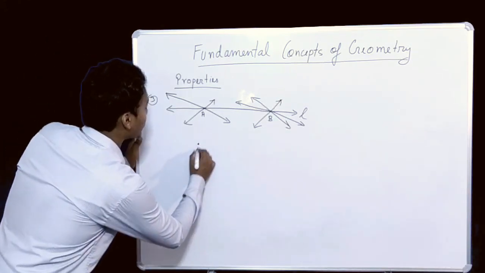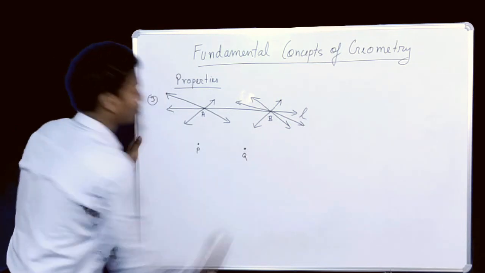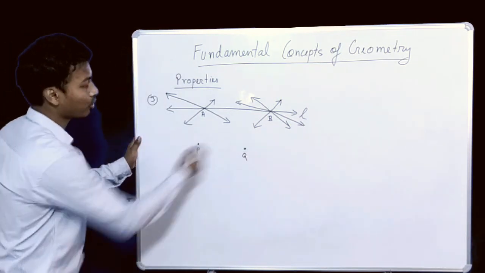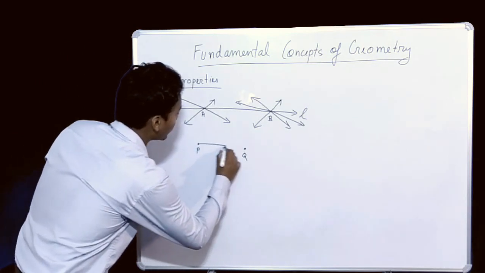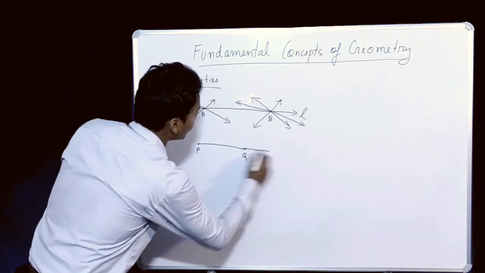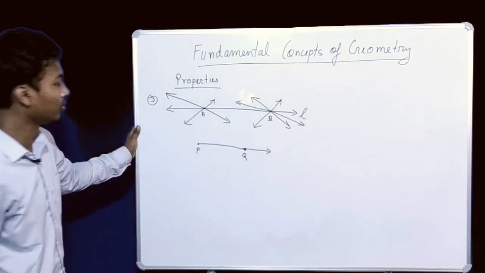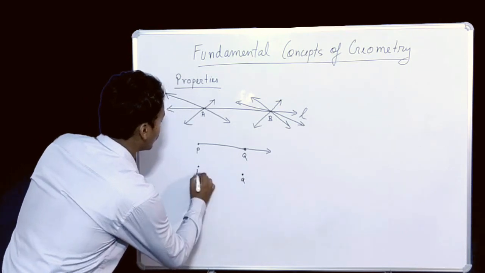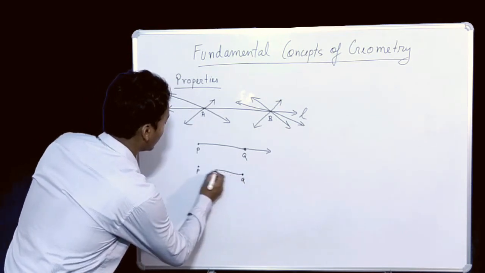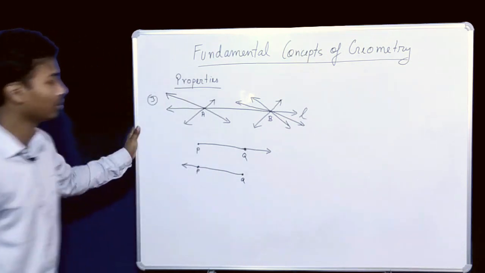If you have a point P and a point Q, you can choose either as the starting point. If I choose P as the starting point, this ray will go through Q, and if you choose Q as the starting point, then it will go through P in this direction.